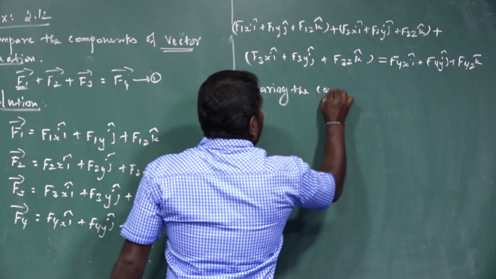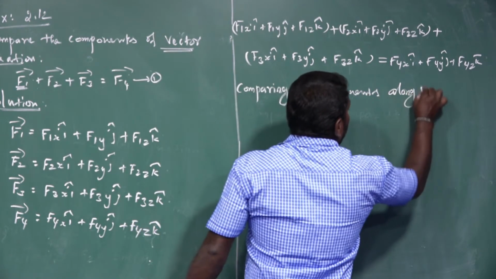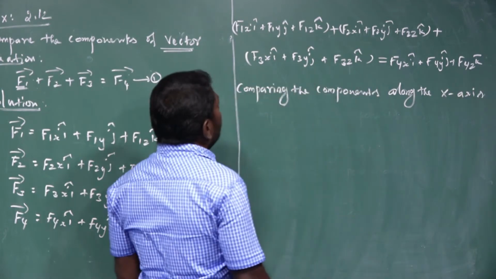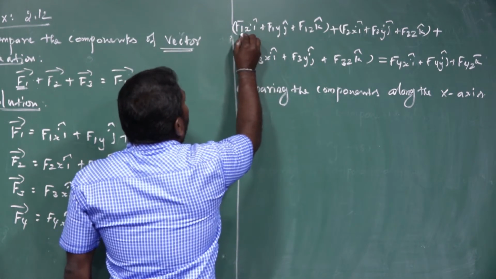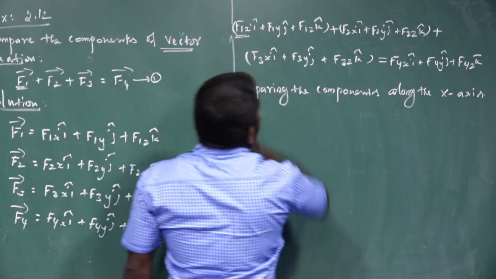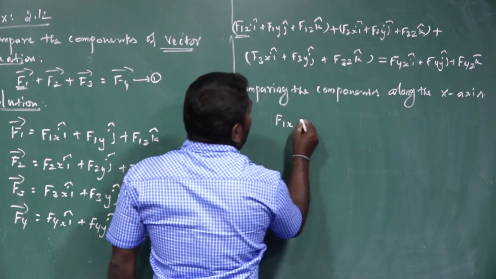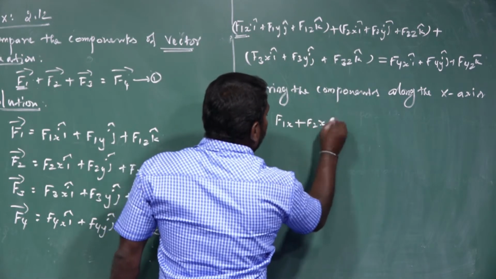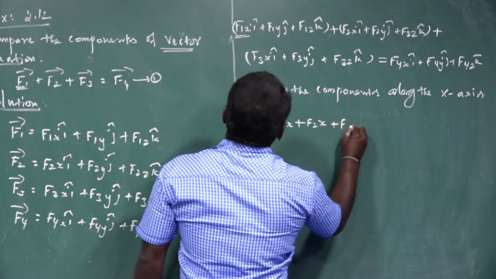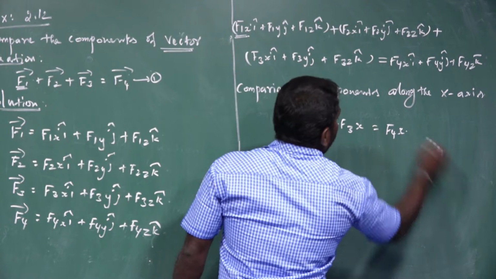Comparing the components along the x-axis: the component of F1 vector along the x-axis is F1x, in the F2 vector the component along the x-axis is F2x, then the third vector along the x-axis, F3x, which is equal to F4x.